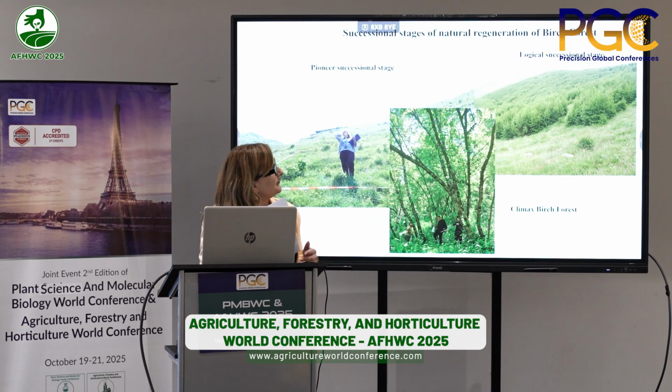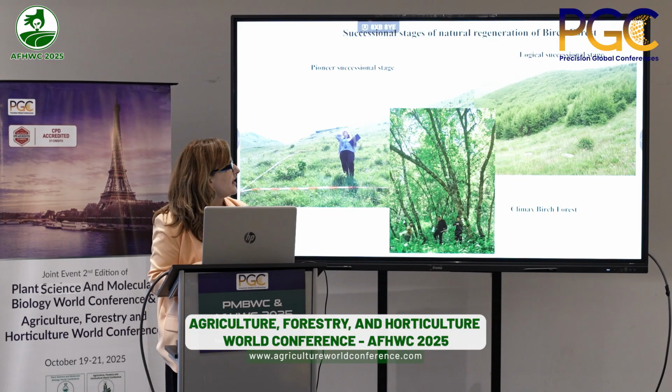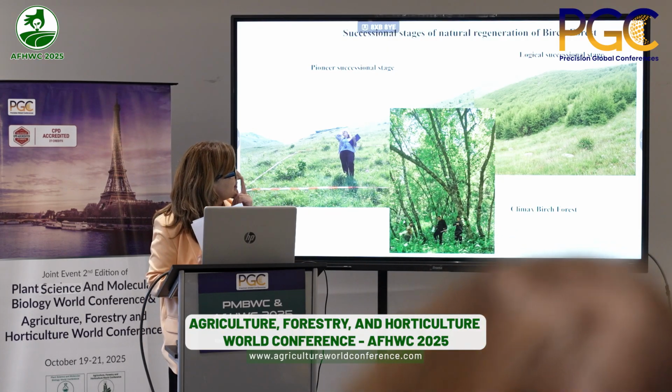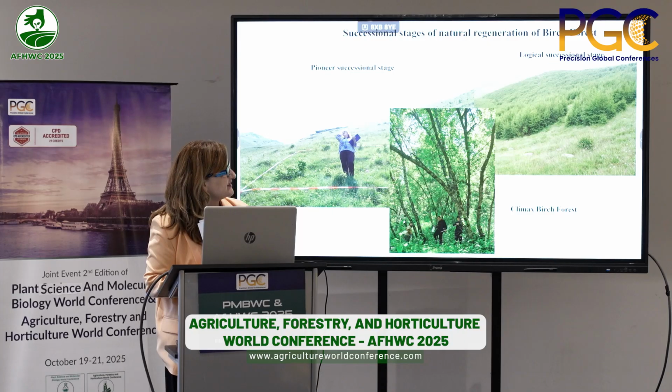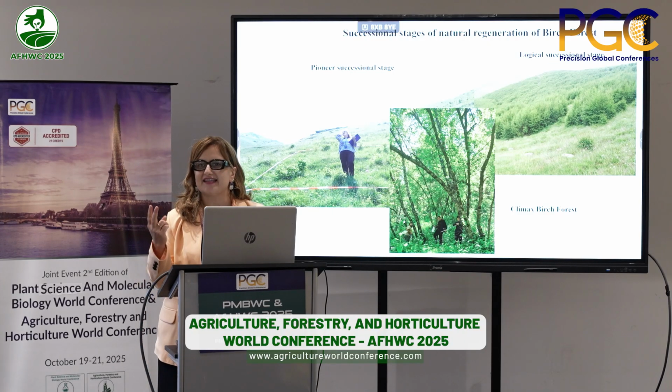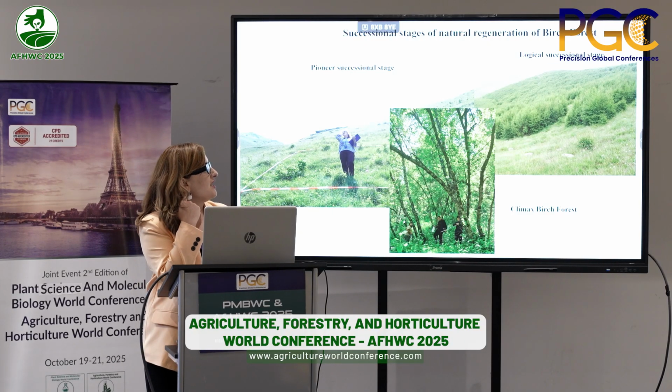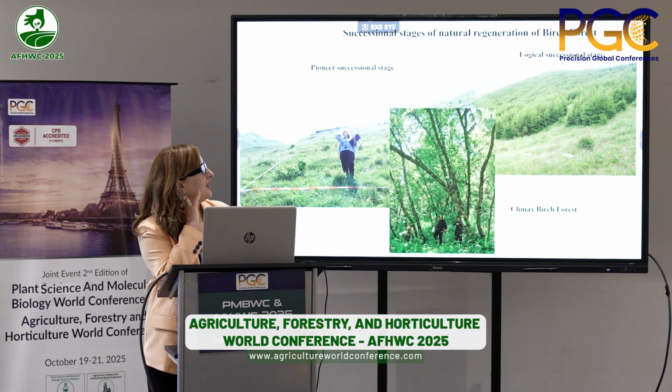On this photo, you can see a logical successional stage. It is a secondary stage of forest restoration because here are taller trees, but this is not a full ecosystem of birch.